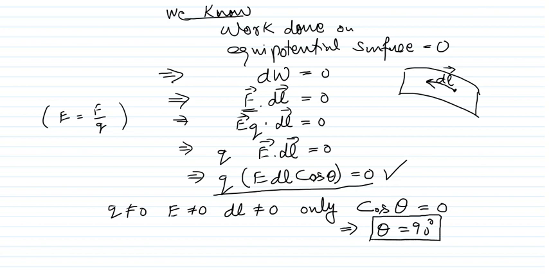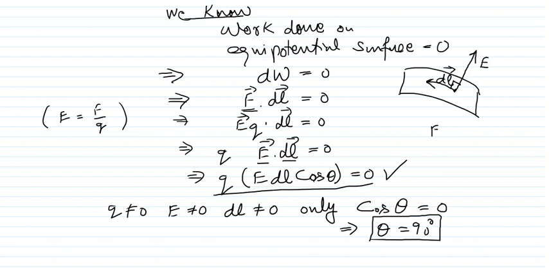Theta is the angle between E and dl. So this proves that E must be perpendicular to the surface. That is why their dot product is always equal to 0. And this proves the second property of the equipotential surface.